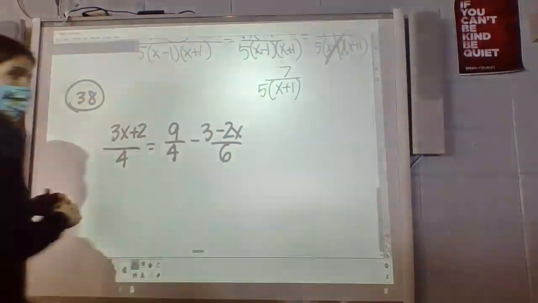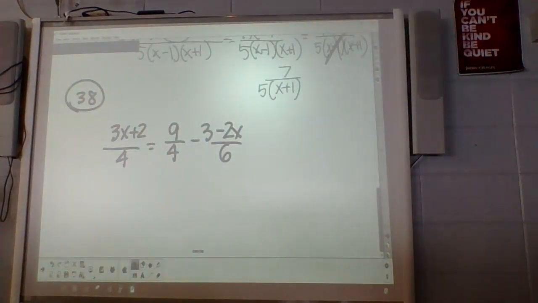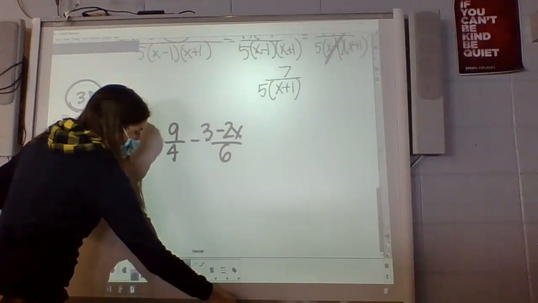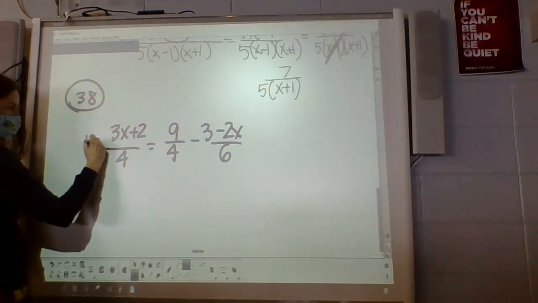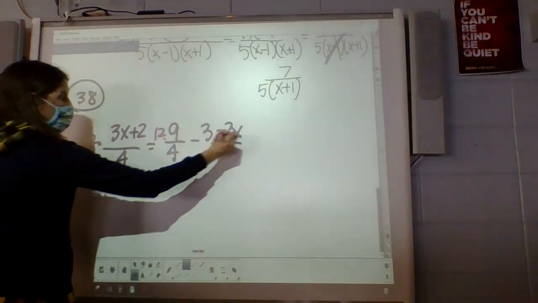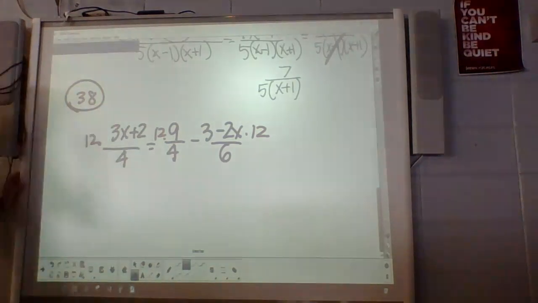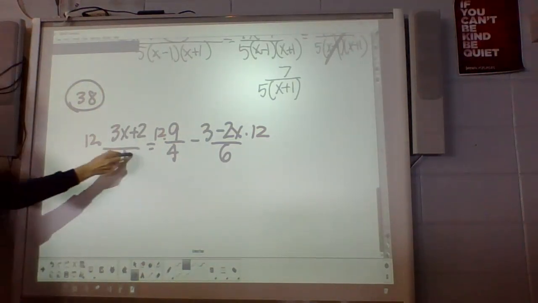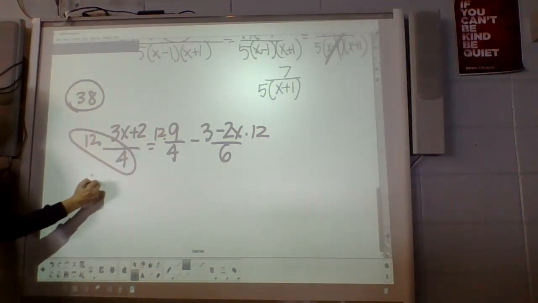So I'm going to multiply by a common denominator. So between 4, 4, and 6, the common denominator is 12 that they can all become. So I'm going to multiply each of these by 12. And so this will simplify to be 12 over 4, which is just 3.